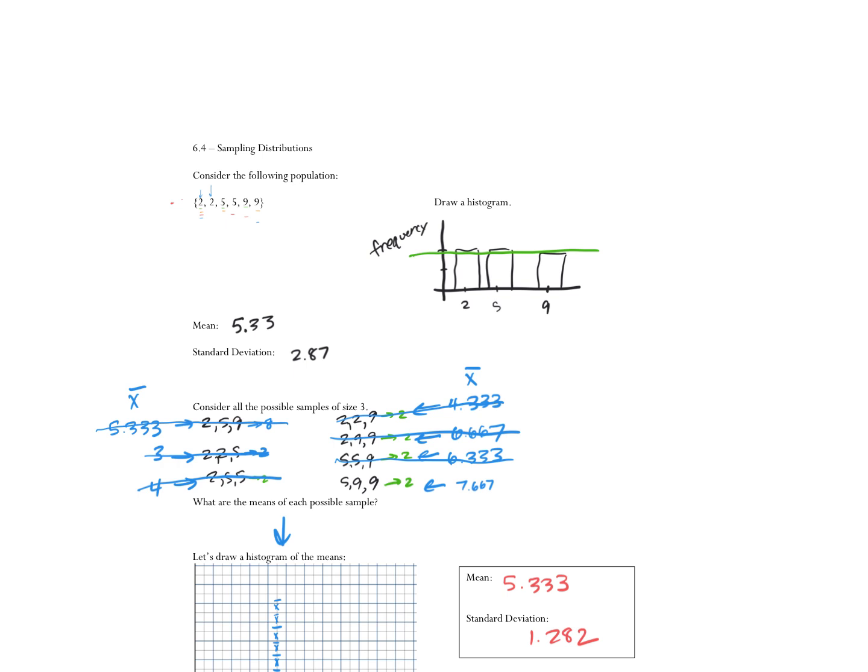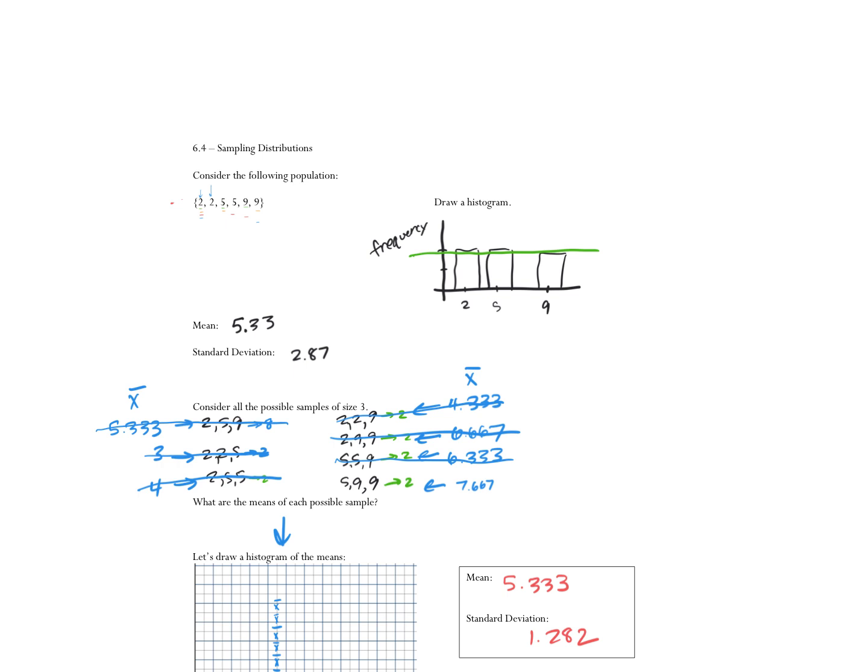I put that one back. And then I try to take another possible sample. Put that one back. Take another one. Now imagine I try to take every single possible sample. Is that a realistic thing to do? No. So when we talk about these next concepts, we talk about the sampling distribution.